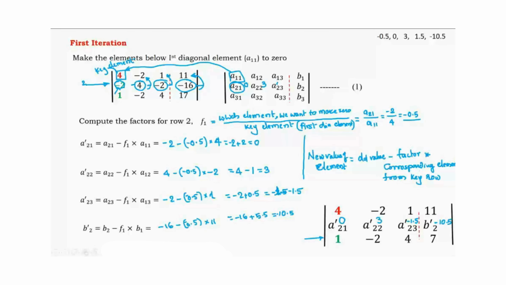So the corresponding element, here I have shown the arrow. If you are getting the idea, it is my factor into the corresponding element from the key row. We will call this the key row.